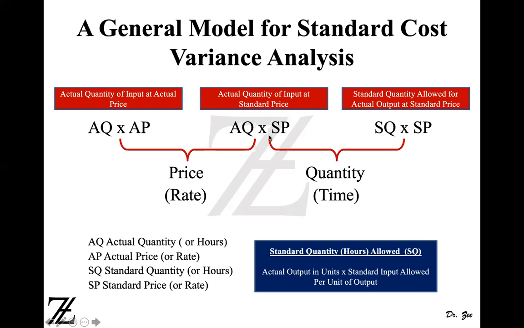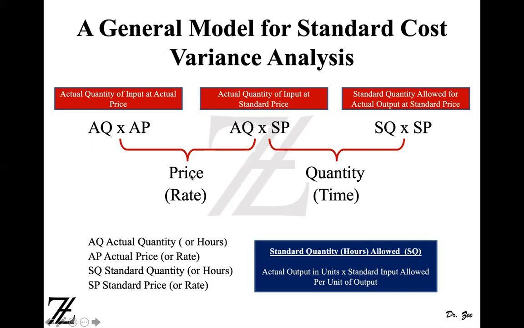So we have to have at least one in common in order to compare. Okay. So here, actual quantity times actual price minus actual quantity times standard price gives us the price variance. Actual quantity times standard price minus standard quantity times standard price gives us the quantity variance, right?